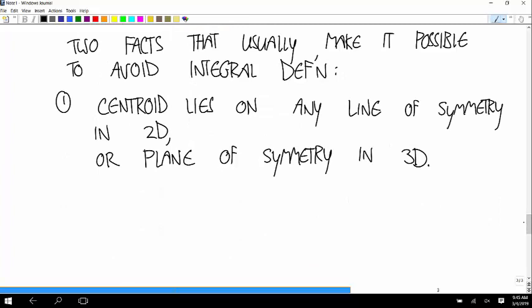And so in 2D, if you can find two different lines of symmetry, then those are going to intersect somewhere, and where they intersect is the centroid.